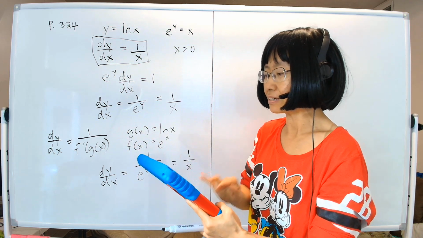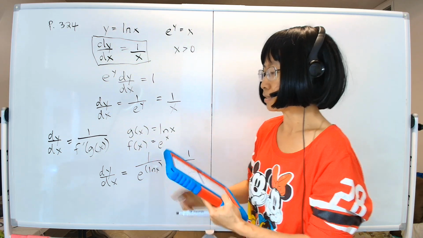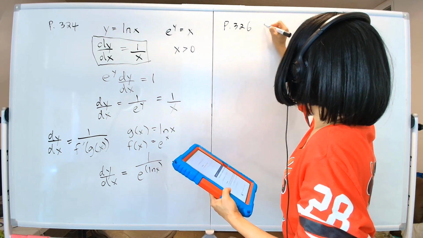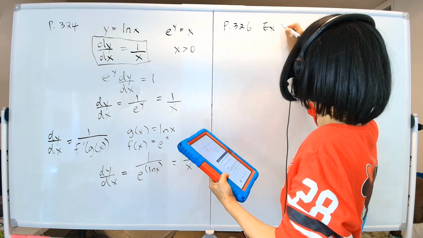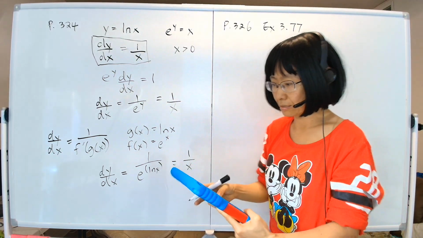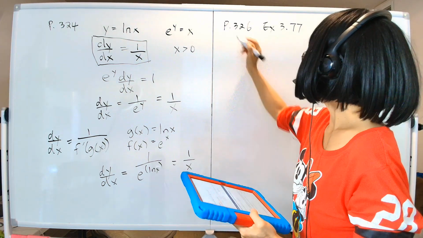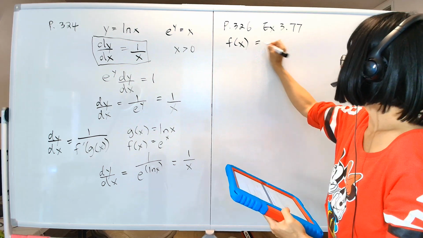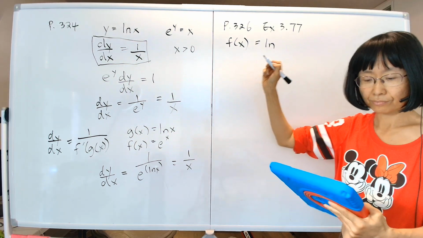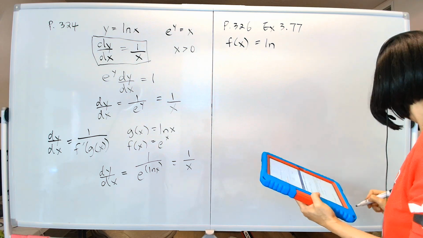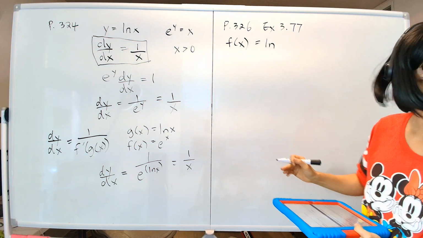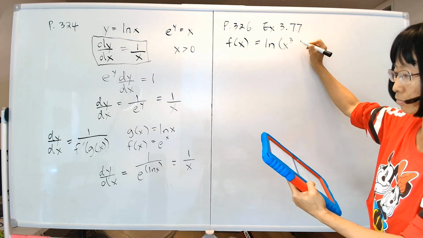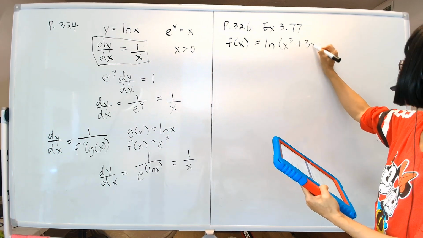Example 3.77. Turn to the next page, which is page 326. So let's try out example 3.77, which says that we have some function f of x equals the natural log of some polynomial, 3x squared plus 3x minus 4.